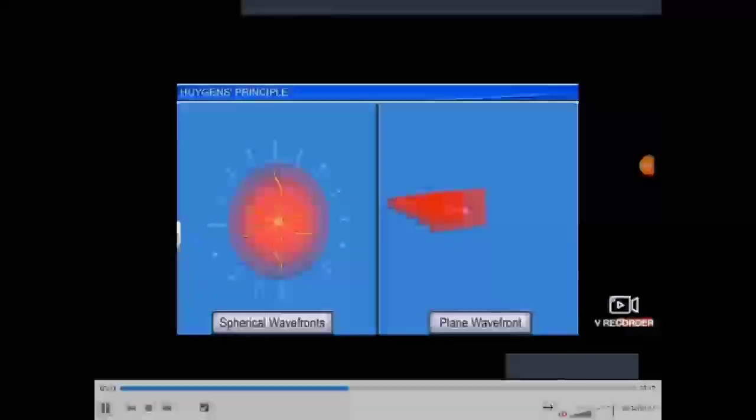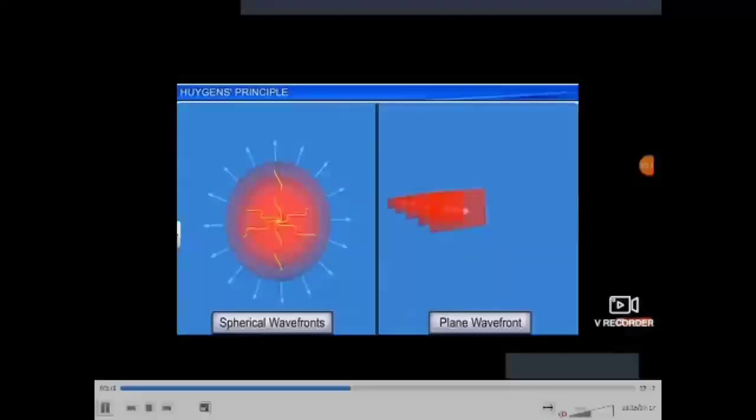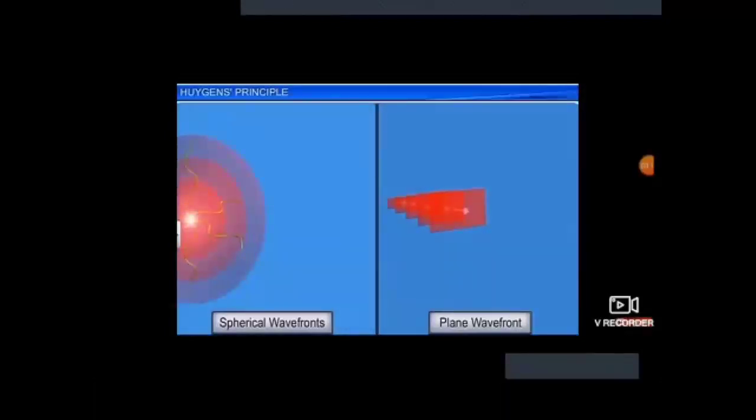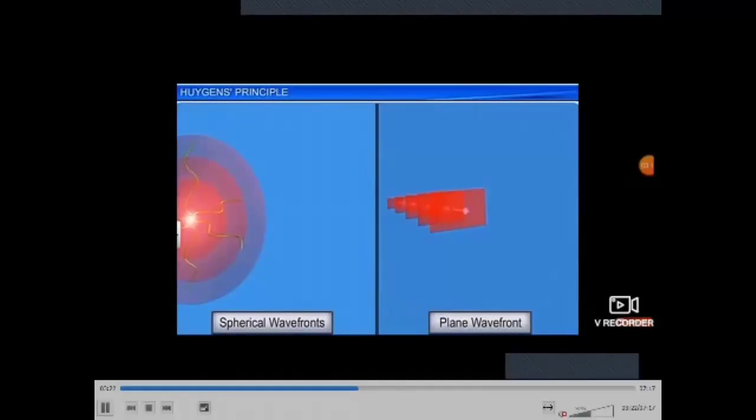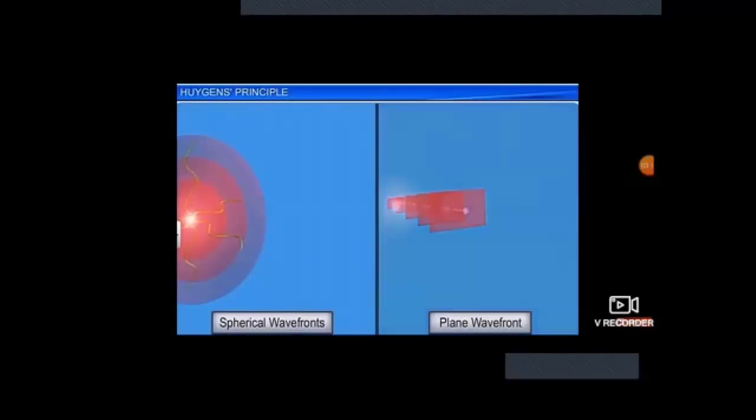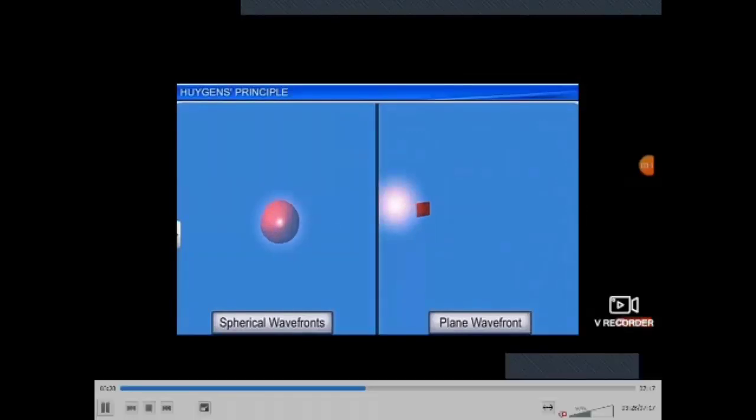It is moving continuously. The plane wavefront and spherical wavefront propagate over a particular time interval t. It originates at one particular point and propagates simultaneously in the same way, whether spherical or plane wavefront.